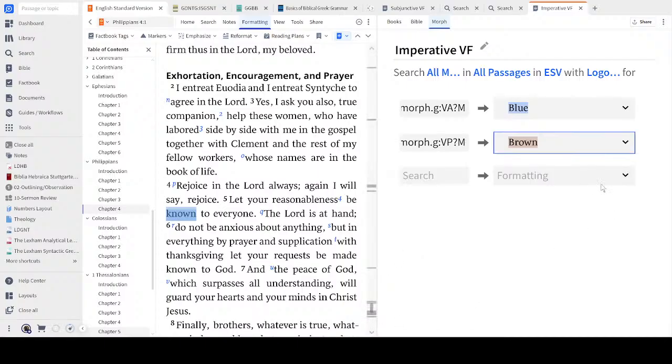So I'm going to look for present tense verbs, and bingo. Now we kind of see some of this stuff pop out. And so in verse 4, we have rejoice, and this is a present active imperative.